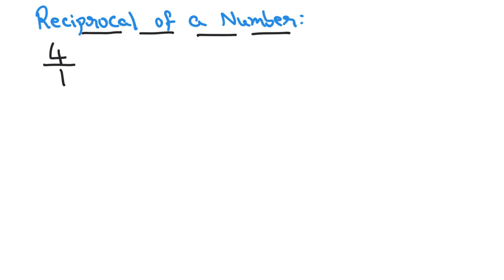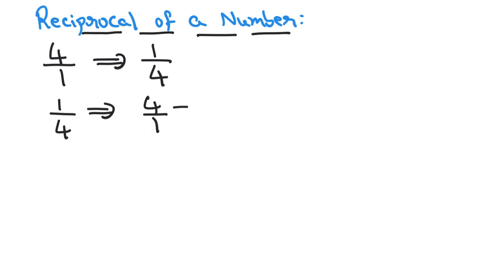It is the same thing. Now, reciprocal means flip the fraction: 1 over 4. This is the reciprocal of 4. What is the reciprocal of 1 over 4? It is 4 over 1, which is the same as 4. You get the idea now? Reciprocal is nothing but 1 divided by the number. In other words, simply flip the fraction if you don't want to be too mathematical.